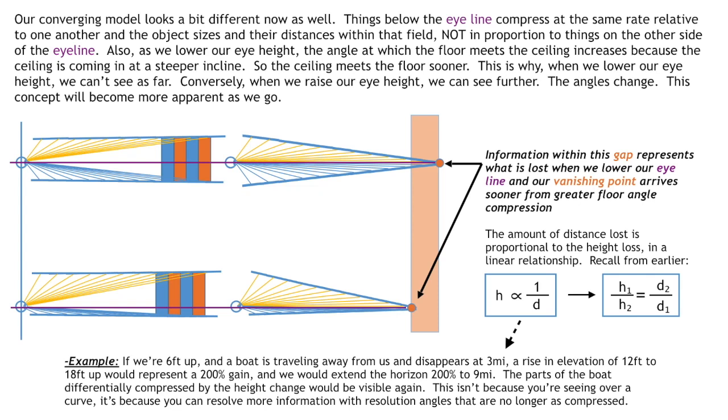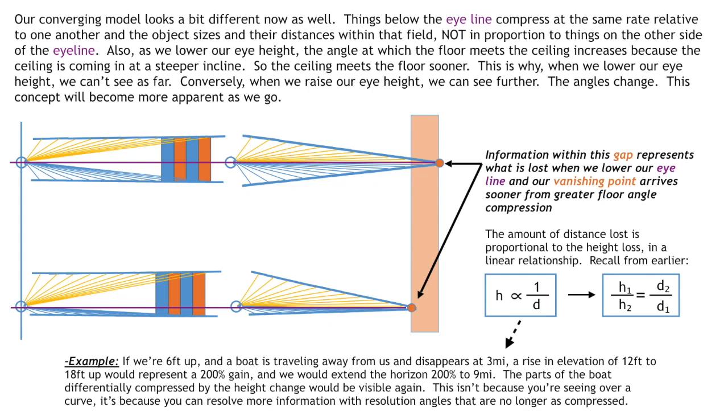So again, if we reach a vanishing point or a vanishing angle below our eye line, and we move down and we are compressing those angles, we are at the same time expanding the angles above. These angles are paired, as we'll see. So if we compress one angle of 10 foot of paint below us, and it's the same distance as the other 10 feet above us, the one above us will be able to see more of it than the one below.